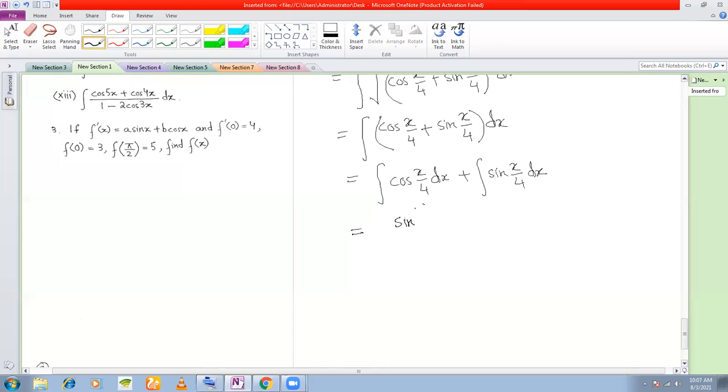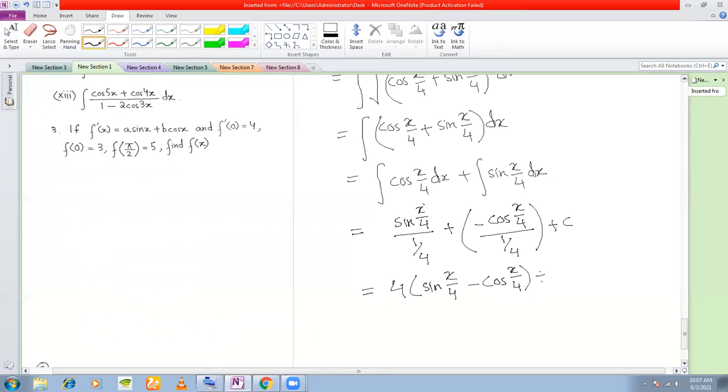So this becomes sine x by 4 divided by the derivative of x by 4, which is 1 by 4, plus integral of sine is minus cos x by 4 divided by derivative of x by 4, which is 1 by 4, plus c. So you get this as 4 sine x by 4 minus cos x by 4 plus c. And that is the required integral. This integral is important in the sense that the technique of this is important. We shall be using this technique later on also.